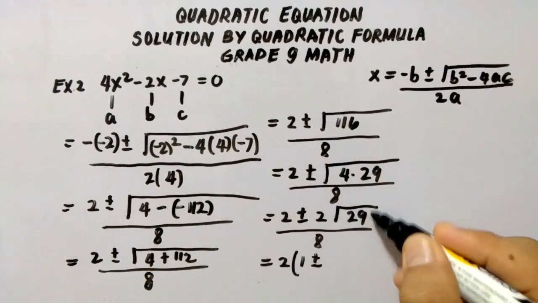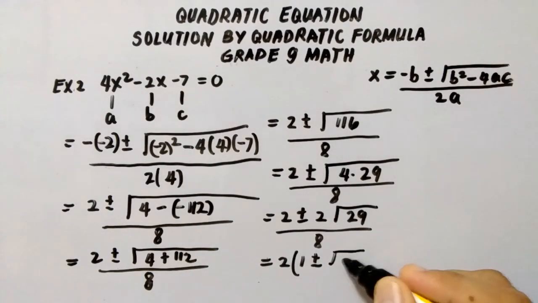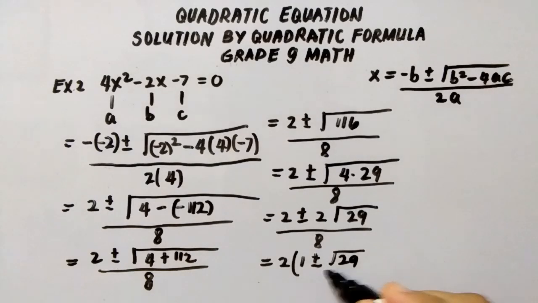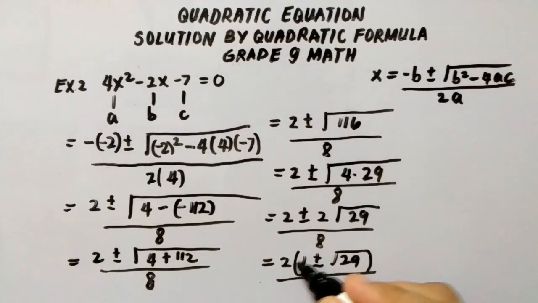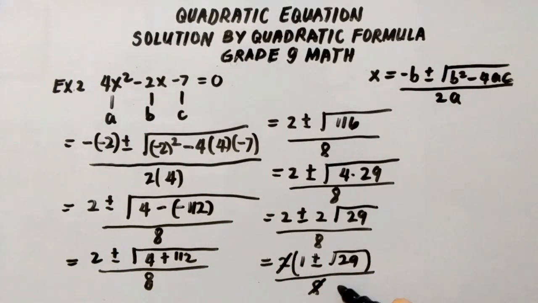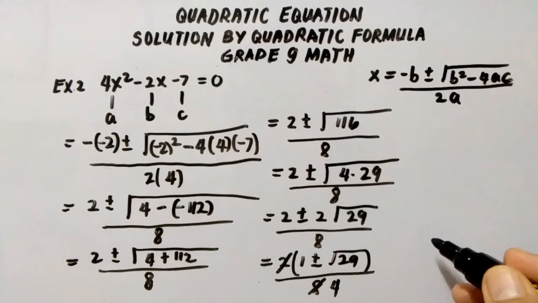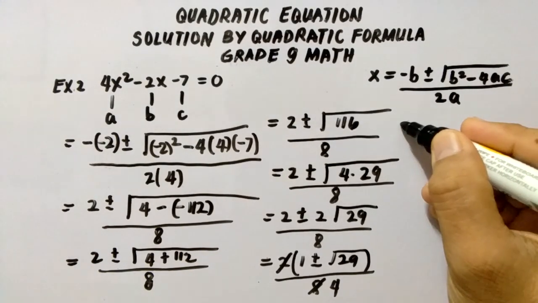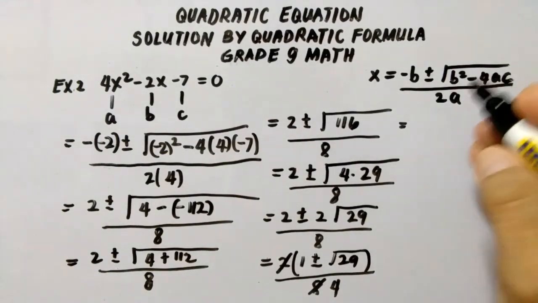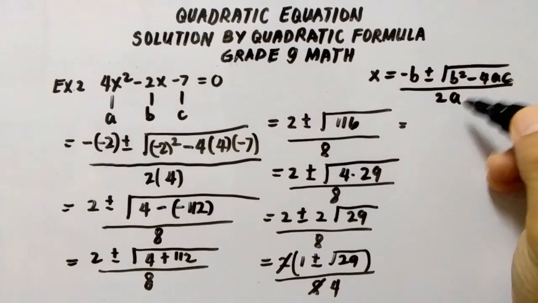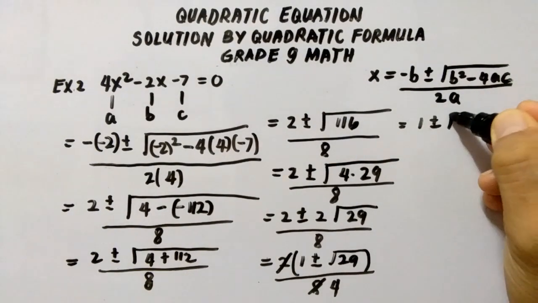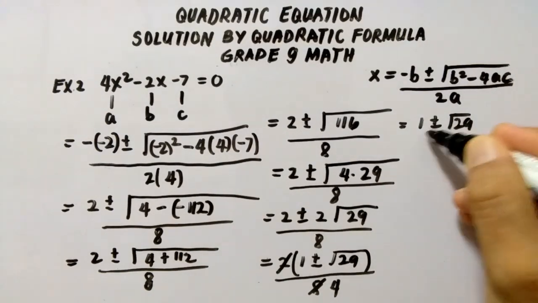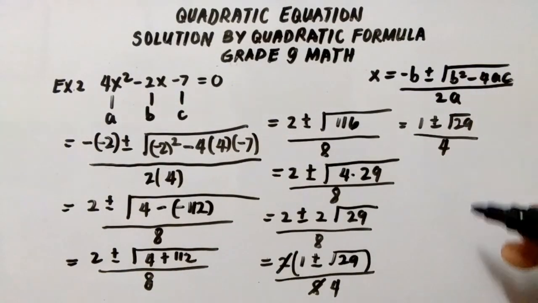So, matitira na lang po is square root of 29. Okay, so over 8. Then, canceled. So, matitira po dito is 4 na lang po. Then, continue po natin dito, equals. Okay, so we have 1, positive, negative, square root of 29 over 4.